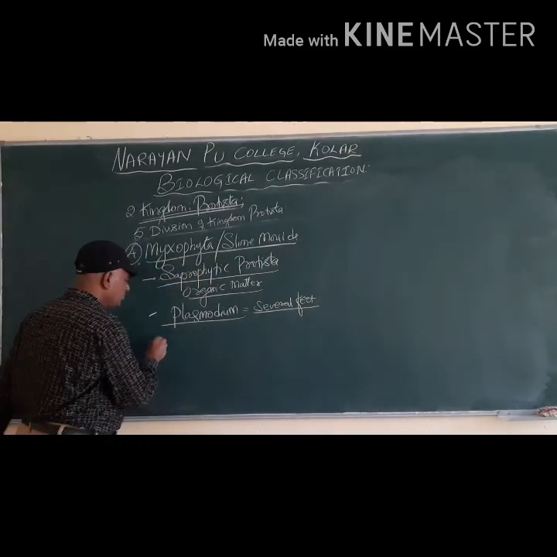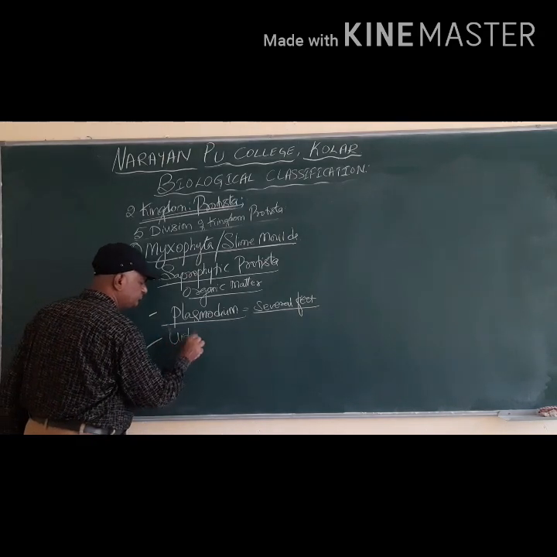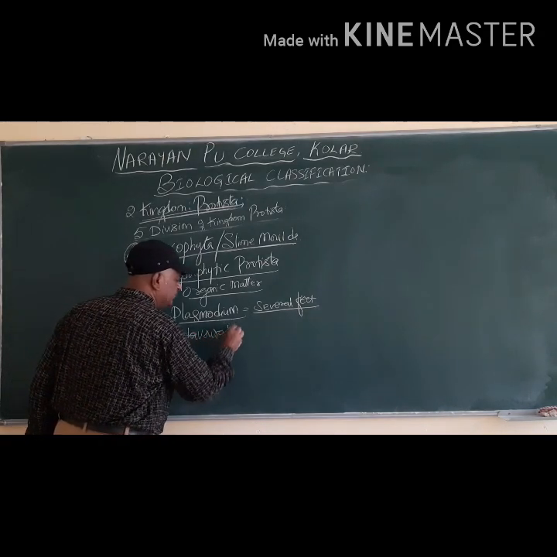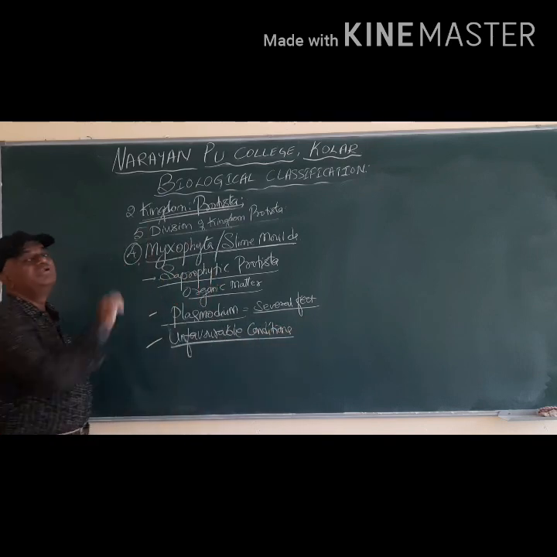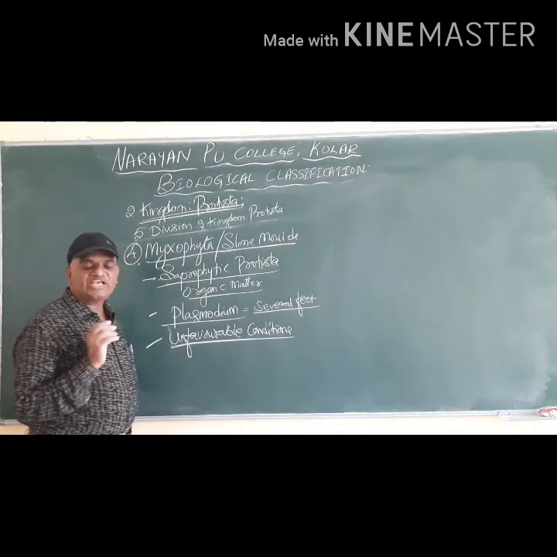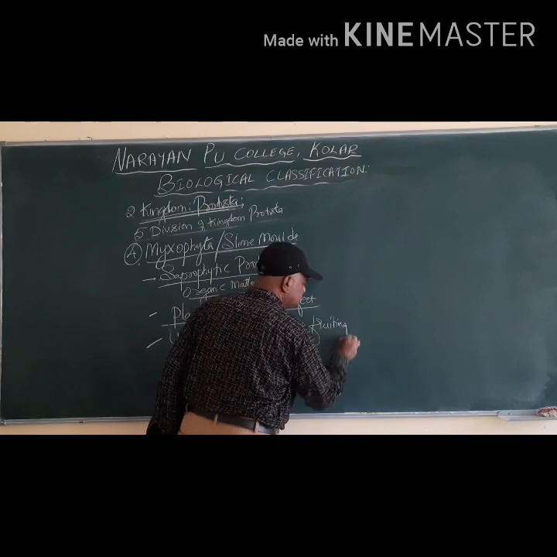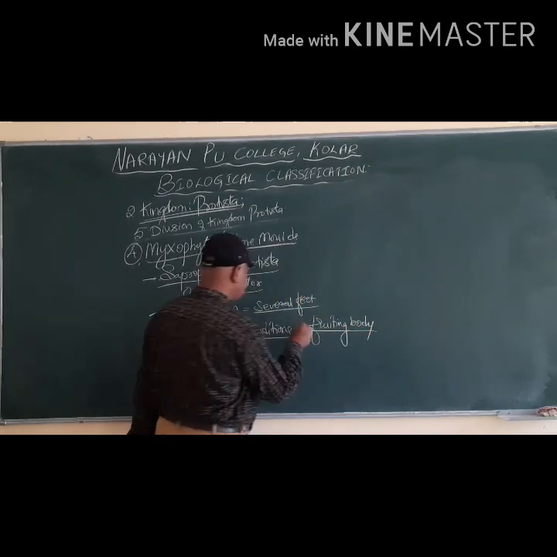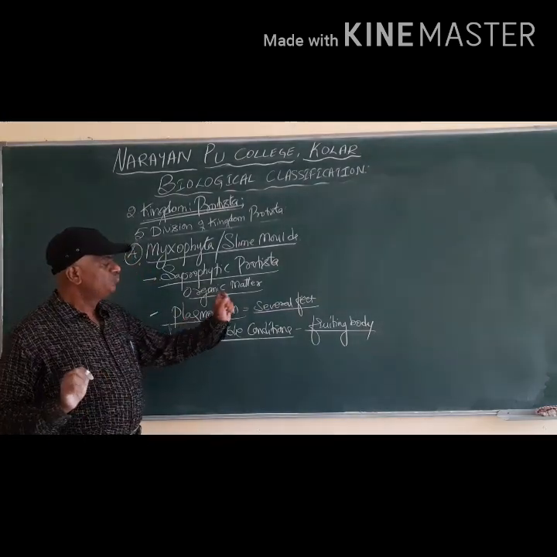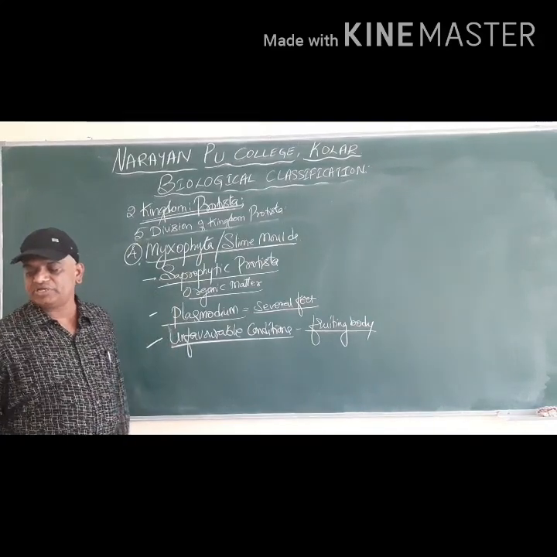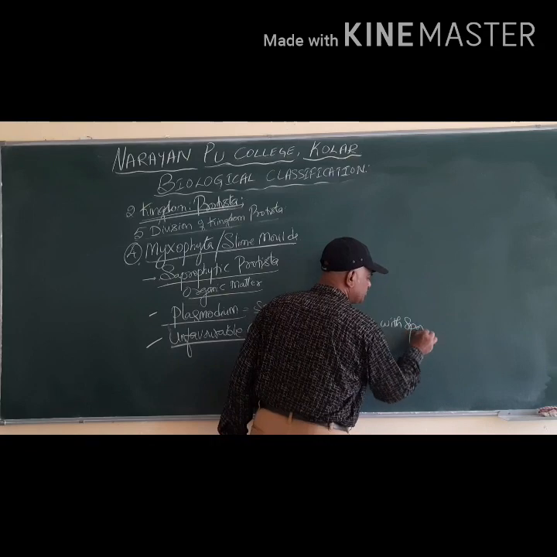Next, during unfavorable conditions, the slime molds or plasmodium produce fruiting bodies with spores.